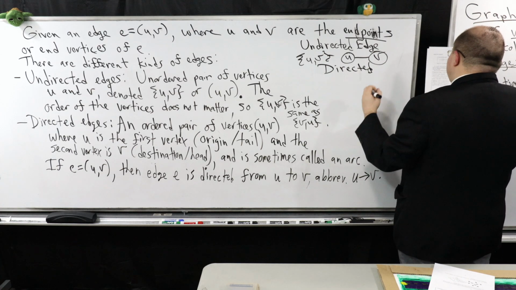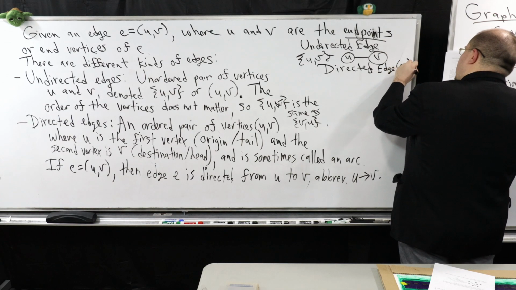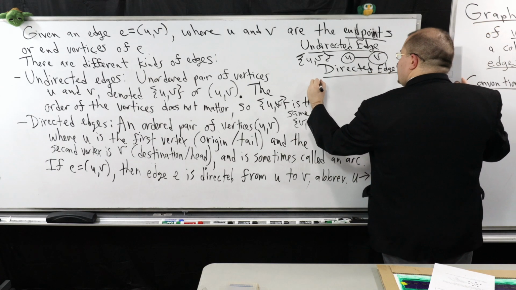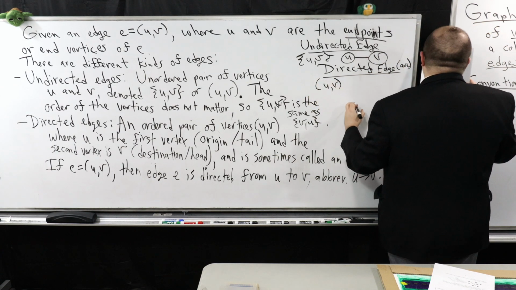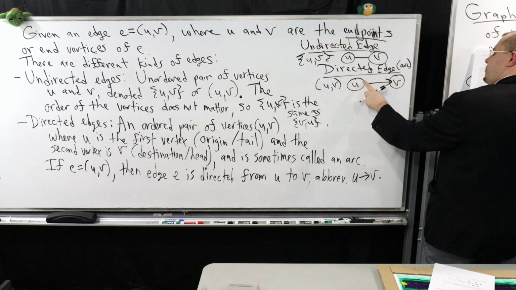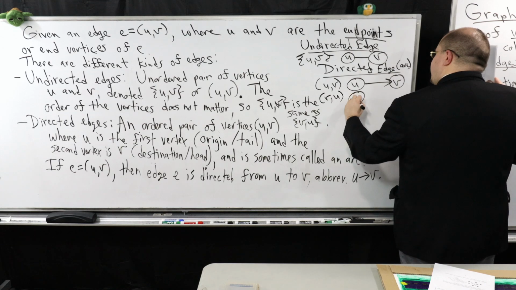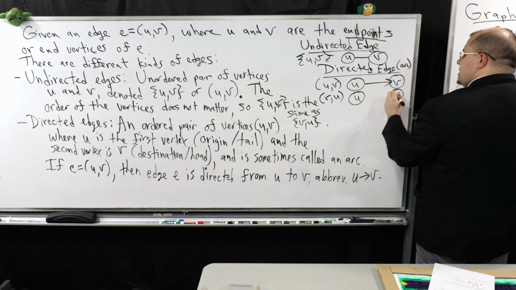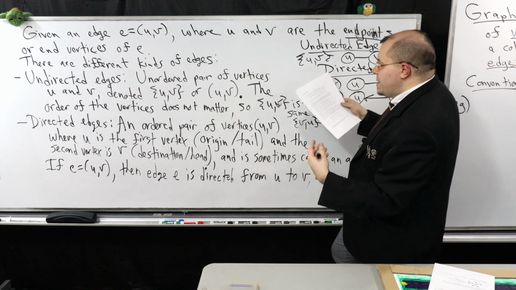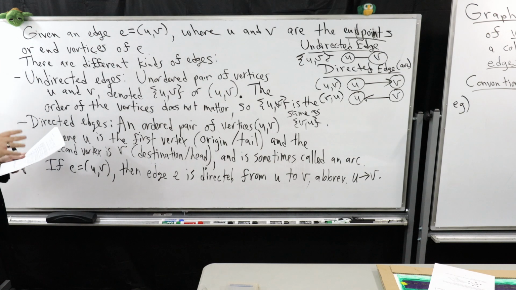However, the ordering does matter when we talk about a directed edge or arc. If I give you UV like this, what this is saying is that it's directed from U to V. However, if I have VU like this, it means it's directed from V to U. So those are the two main edge types that we're going to talk about in this class.